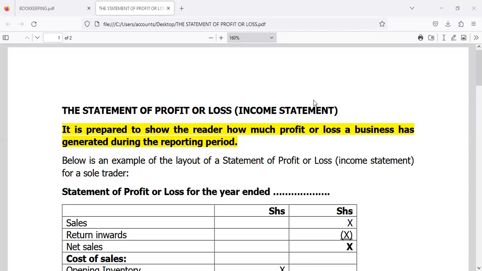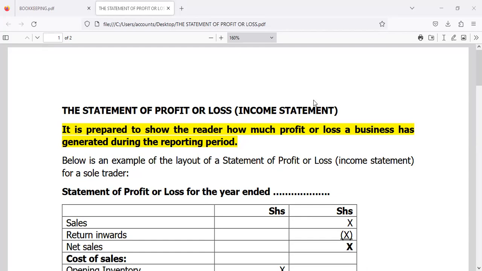Now, in this video, we are going to learn how to prepare the basic financial statements of a sole trader, how to come up with a simple financial statement, because this video is specifically for students of Yobuteb, those who are doing bookkeeping.